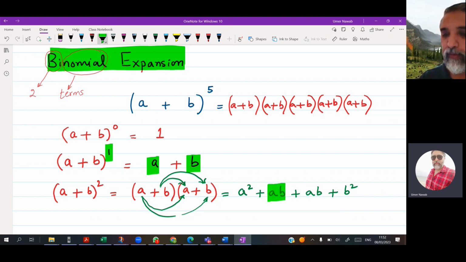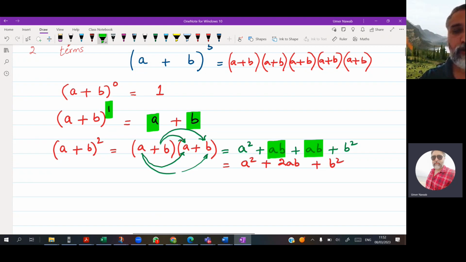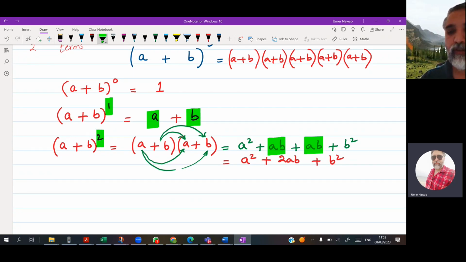Now, can we combine ab and ab? It will give us 2ab plus b squared, so a squared plus 2ab plus b squared. Again, look at the power 2. How many terms do we get? 1, 2, 3. 3 terms.